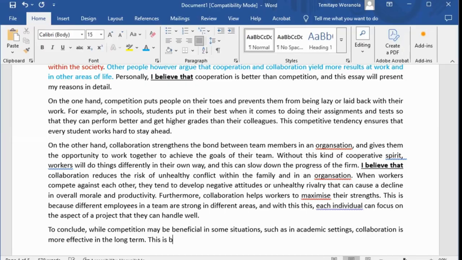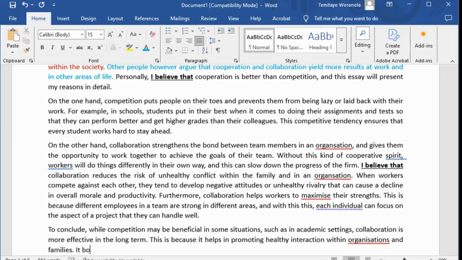This is because it helps in, what's it called now? Promoting healthy relationships, healthy interactions within organizations and families.